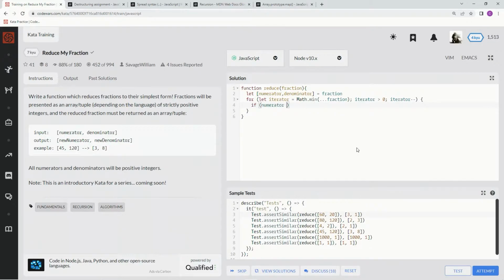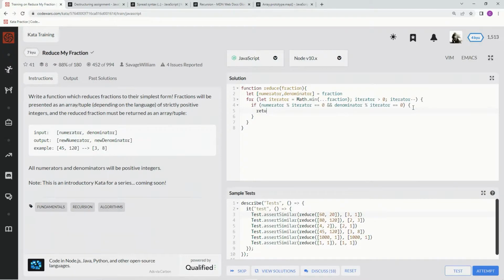So we're going to say if numerator, the remainder operator, iterator equals 0. So basically, as long as there's no remainder when you divide these two numbers, and when we divide the other pair, these two numbers, they have to both equal 0, the remainders.